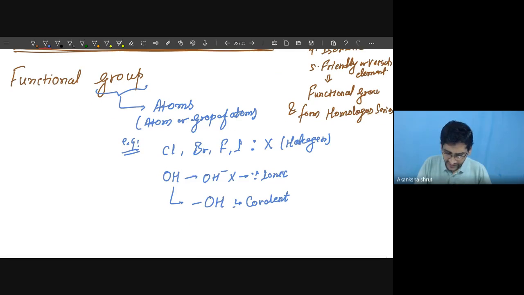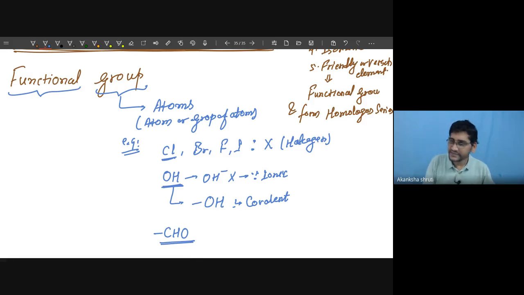Similarly, a collection of atoms like carbon, hydrogen and oxygen with one bond open is another group of atoms. So these are groups of atoms or even single atoms. Functional means that it decides its characteristic, its functionality. What is your function? It means what is your task or your characteristic.